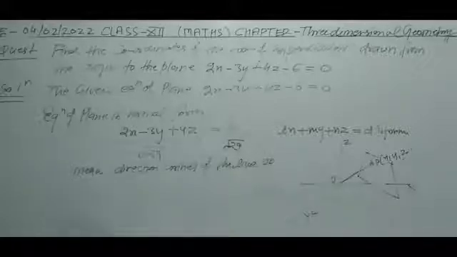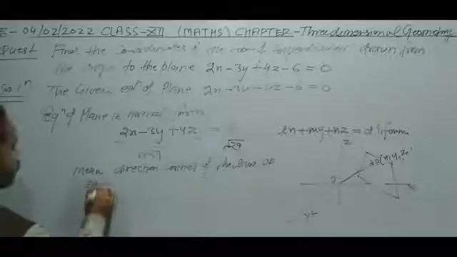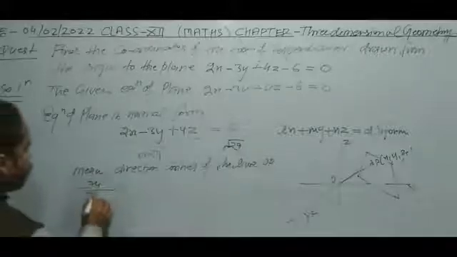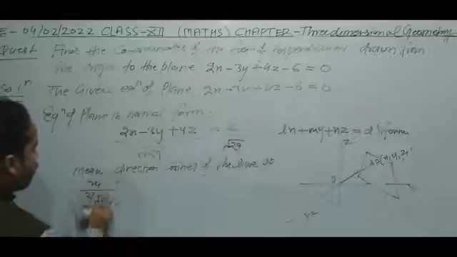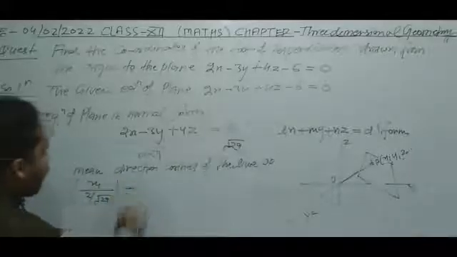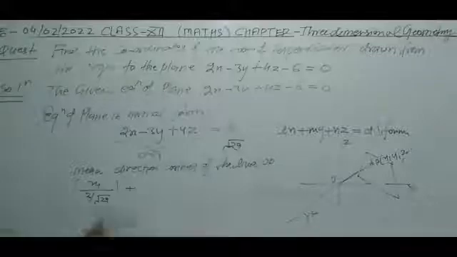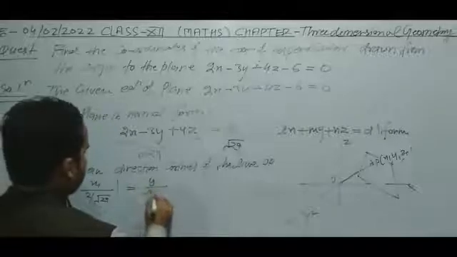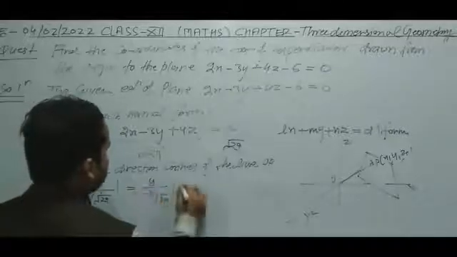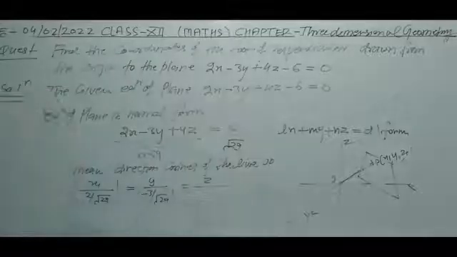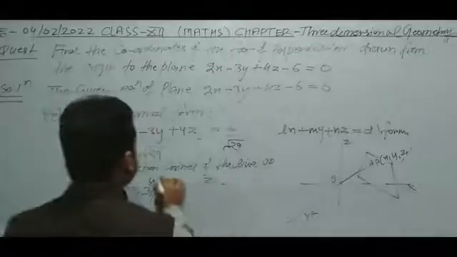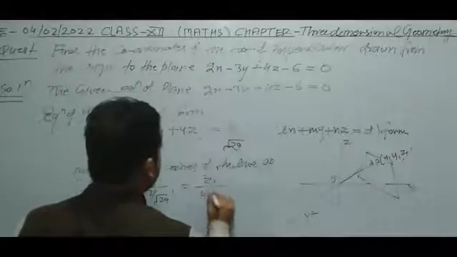See, this one we can write x1 upon 2 upon root over 29, equal to y1 upon the direction cosine, that is minus 3 upon root over 29, is equal to z1 upon 4 upon root over 29.